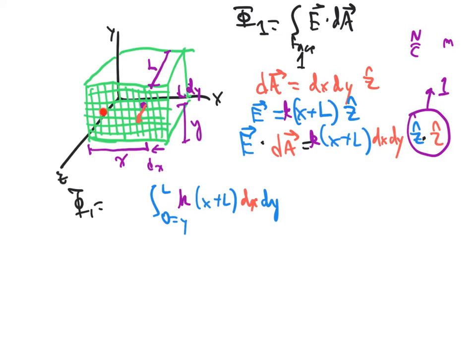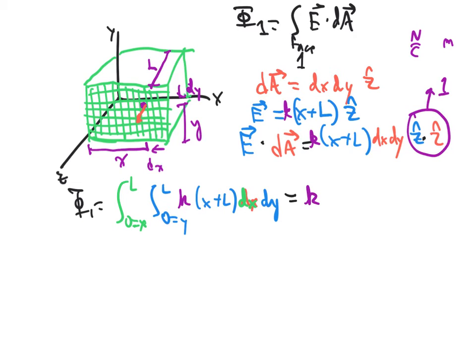Right, that's like that strip, but then I want to make sure that I get all of these. So I integrate again from 0 for x to L. And that's where that dx comes from. So I take everything that isn't y and I play with it as if it were constant. Our constant k can float all the way outside.